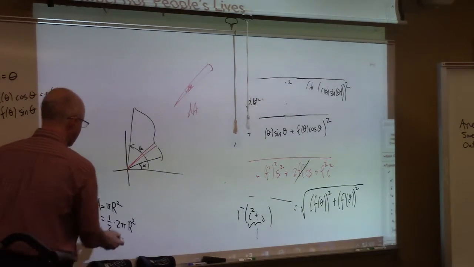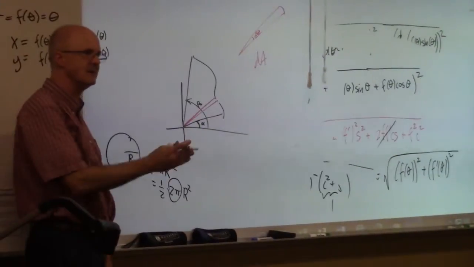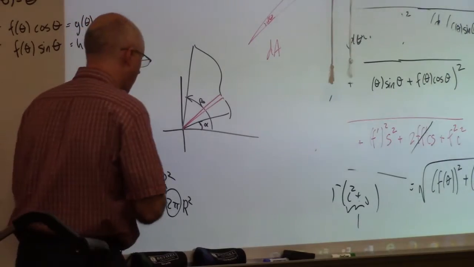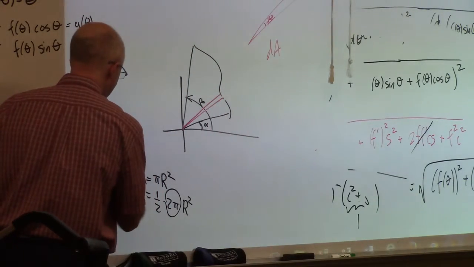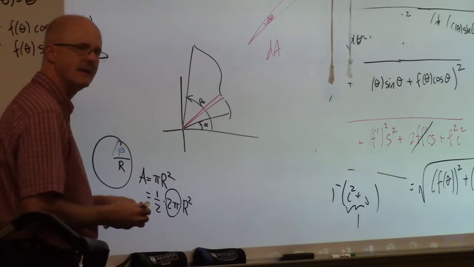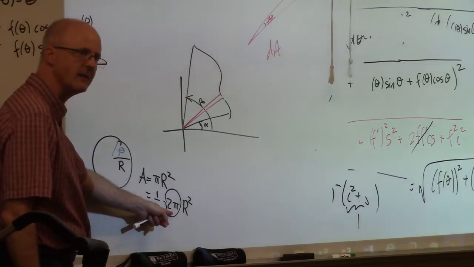Why am I doing that? Because 2 pi is one rotation. An arc of a circle is just a piece of a circle. If it's got angle theta, essentially it's the same formula except replace the 2 pi with a theta.